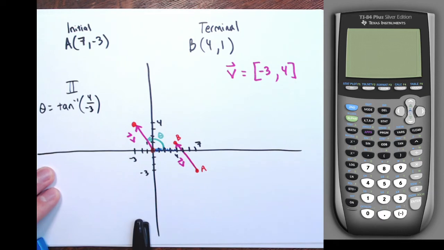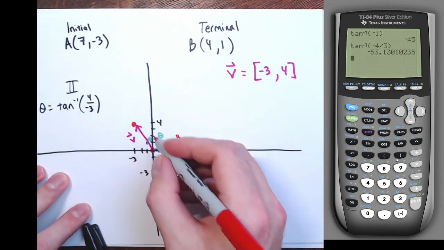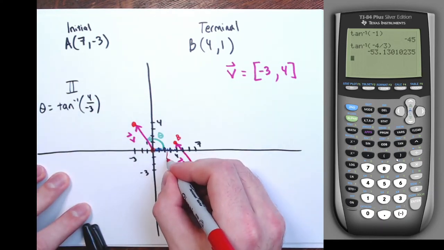I do inverse tangent of negative 4/3, and you see this ends up being approximately negative 53 degrees. Here's negative 53 degrees, say around there.